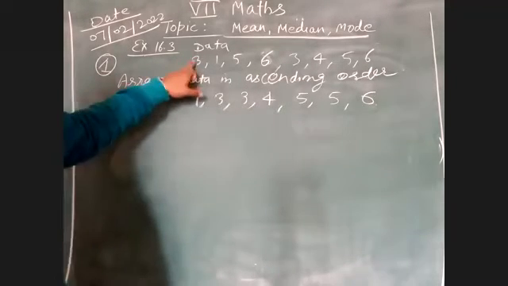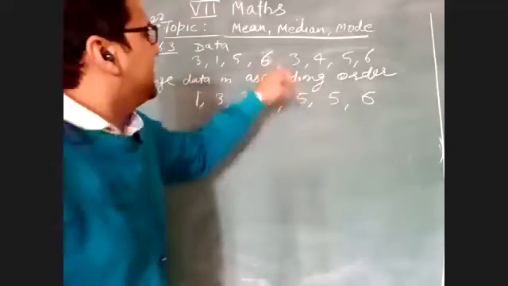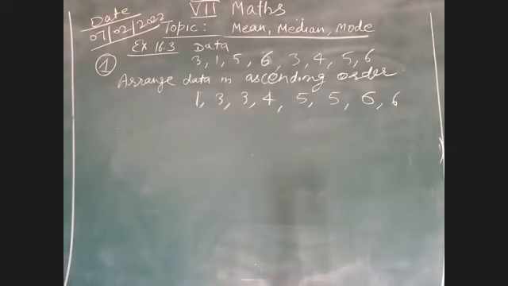Is there any term missing? 1, 3, 3, 4, 5, 5 and 6 is repeating 2 times. So this will be 6.